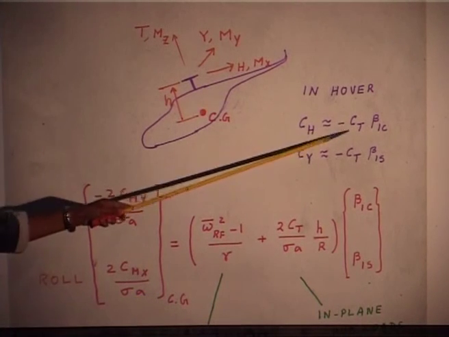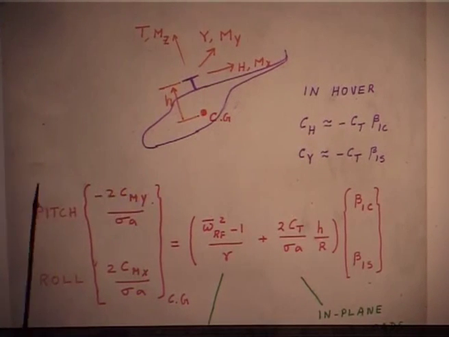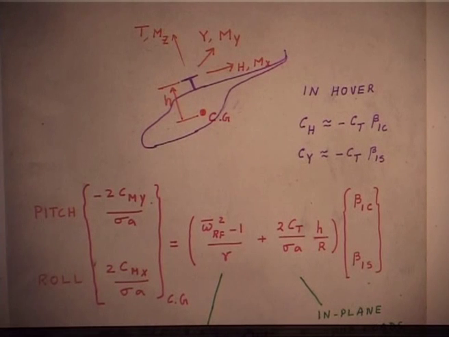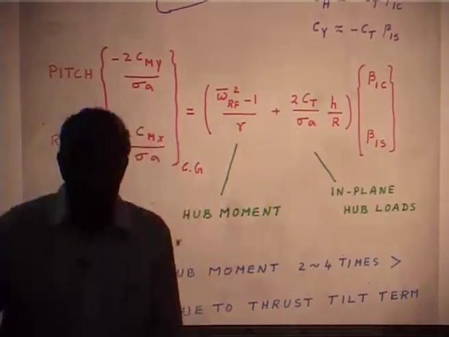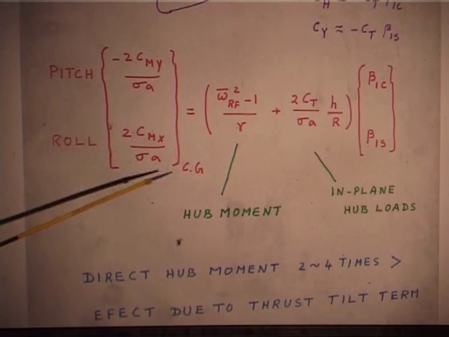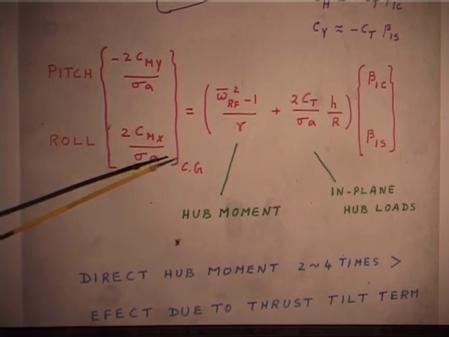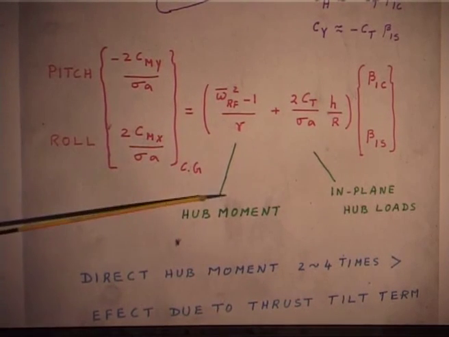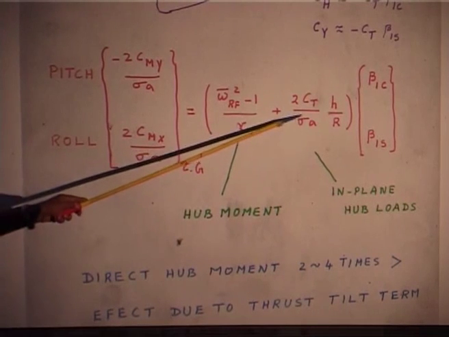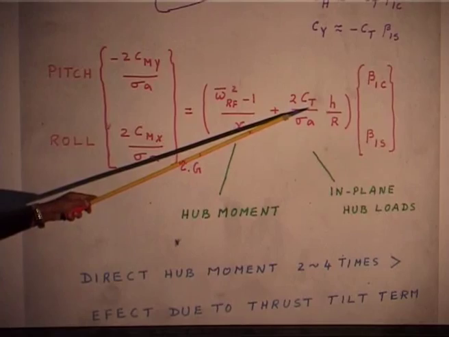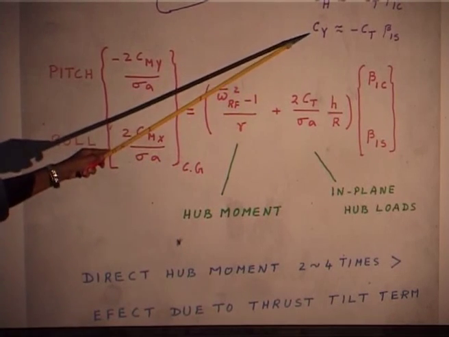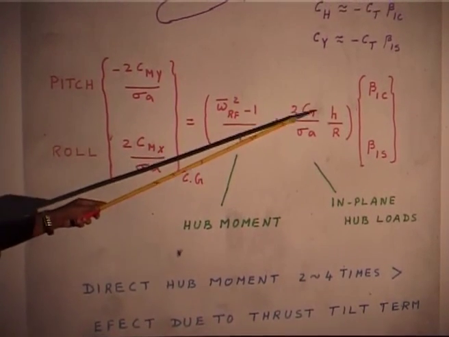Now, if you use these expressions and then calculate the net moment at the CG, please understand, net moment at CG, one is hub moment, another one is due to thrust, because you see H and Y are converted in terms of CG.